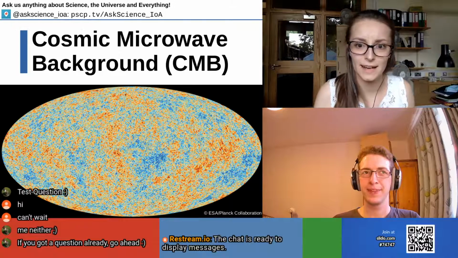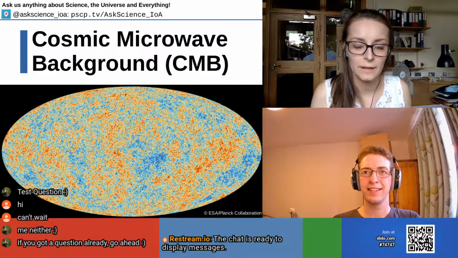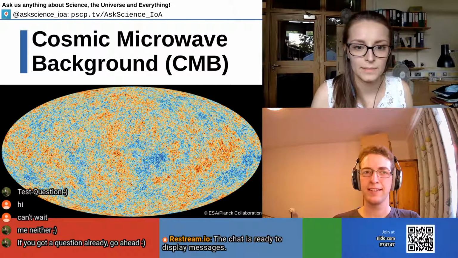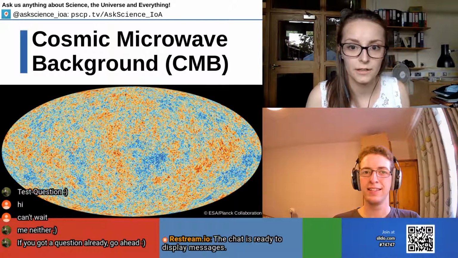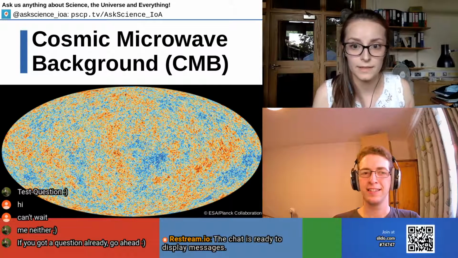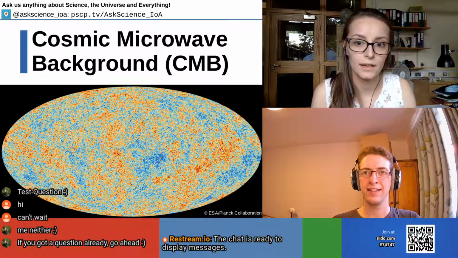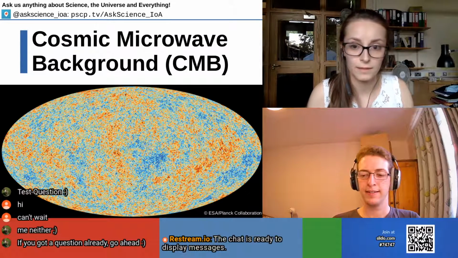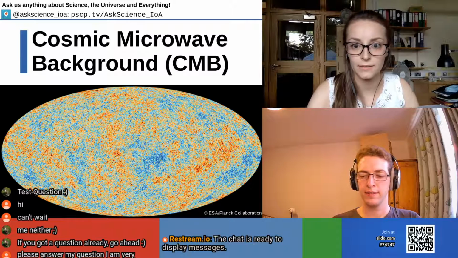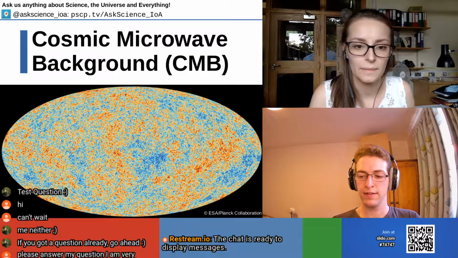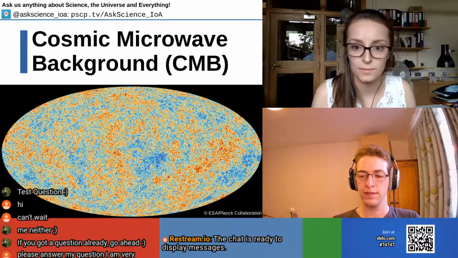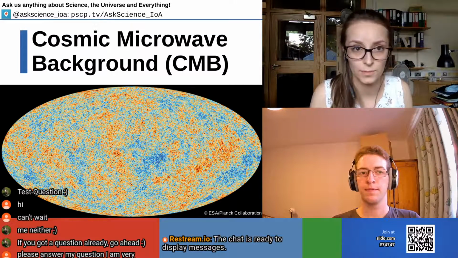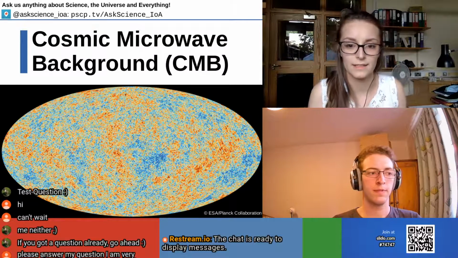This is basically the sky in the microwave domain, and the variations of color show differences in the temperature of this radiation. The average temperature is about 2.7 Kelvin, so minus 270 degrees Celsius.